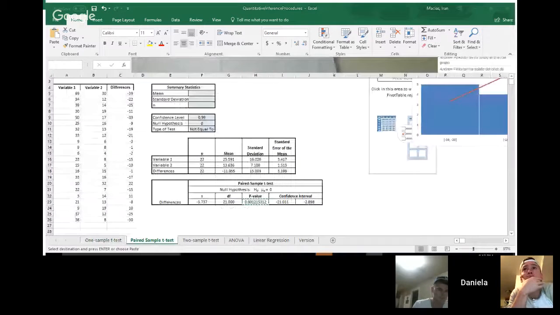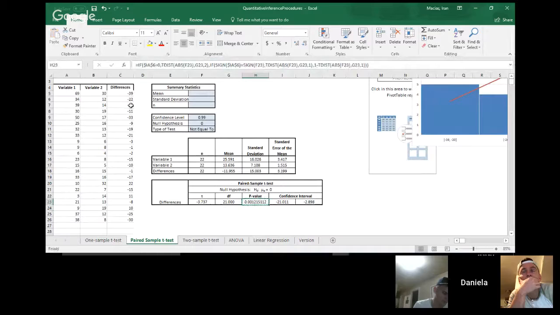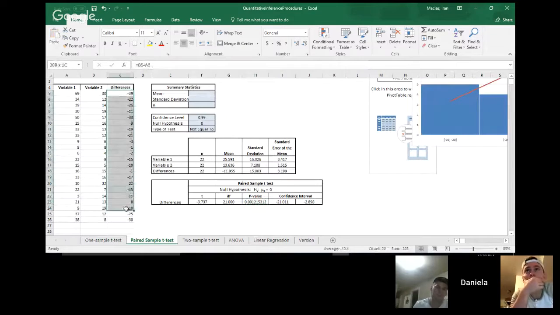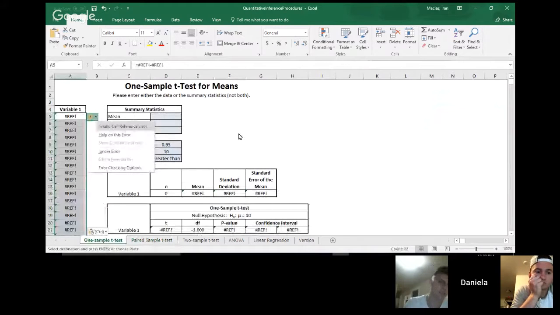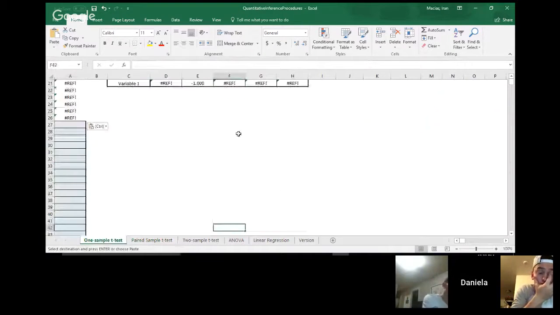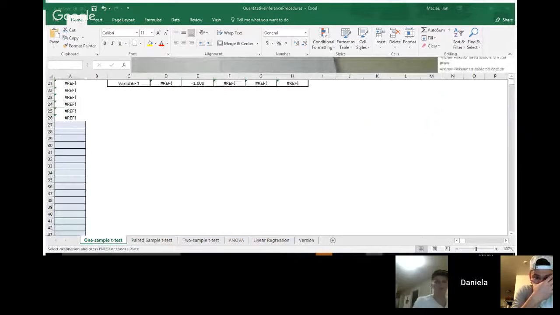3.737? Let me run those numbers real fast to be sure. The square root of 22, and then 15.003 divided by that, and then 11.955 divided by that. Yeah, so the way that we found t, that's 3.737, was we used our mean difference and divided it by the standard deviation over the square root of n.